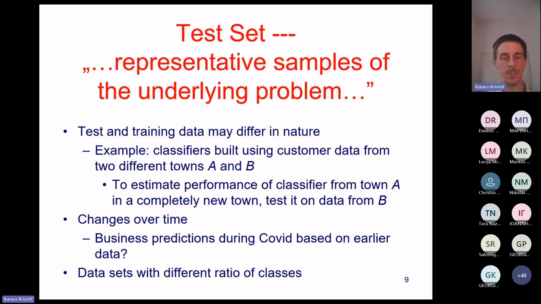So what we expect from the test set is to be representative of the underlying problem, as we mentioned earlier, but I also mentioned that there might be differences between the two sets, and these can also occur because the test set was sampled at a different time than the training set, for example.